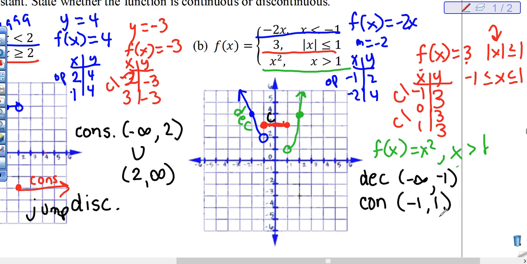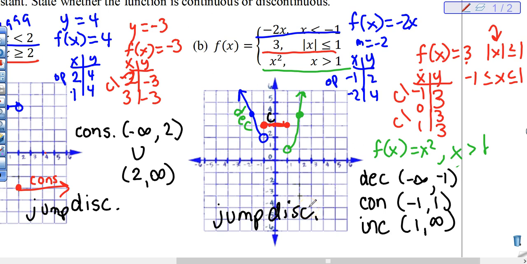Parentheses, no brackets. And then after that, what's it do? It's increasing from 1 to infinity. That's right. So you're describing those behaviors. Now, is it continuous or discontinuous? Discontinuous. What kind of discontinuity is this one? Jump. What's this one? Jump. So again, with the jump, discontinuity.